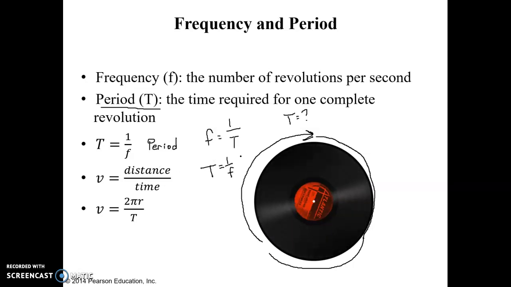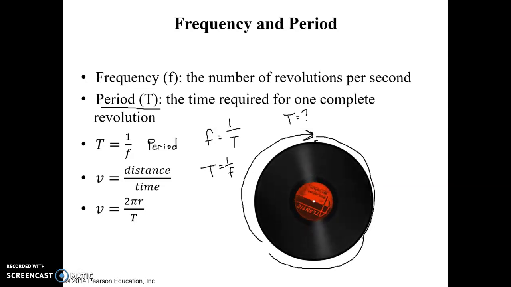So if it takes 1 minute or 60 seconds to go all the way around, then the frequency would be 1 over 60. Now, velocity is equal to the distance over time. We know that from when we talked about linear velocity. And so what is the distance?